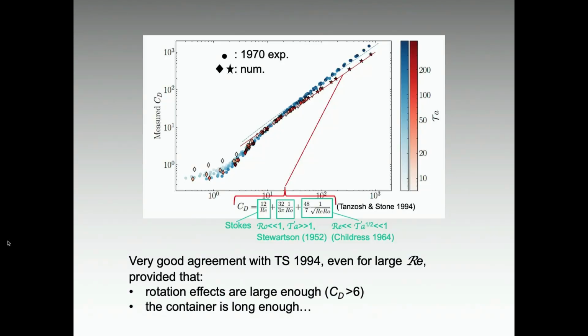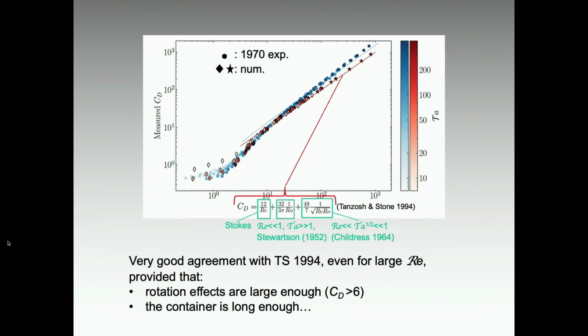So the last result I would like to show is this one. Again, this is the drag coefficient, which this time we compare with a semi-empirical prediction that was also proposed by Tanzosh and Stone. This empirical prediction is just the addition of two laws that are supposed to be valid in two separate domains.